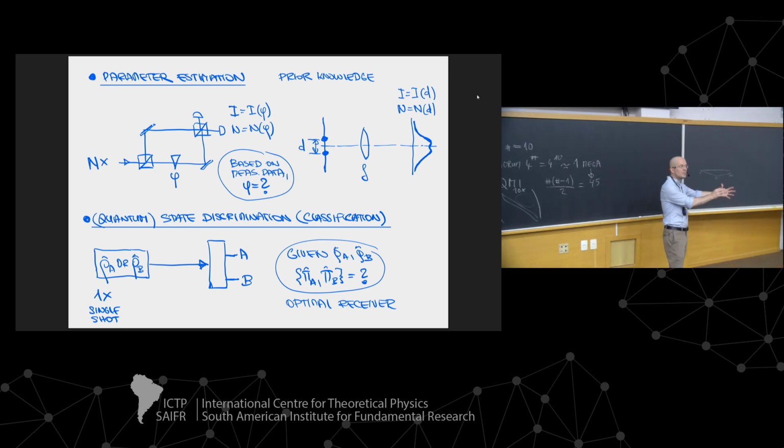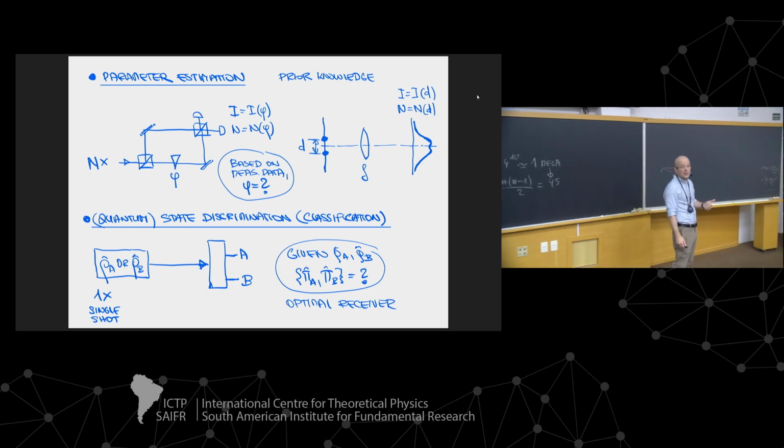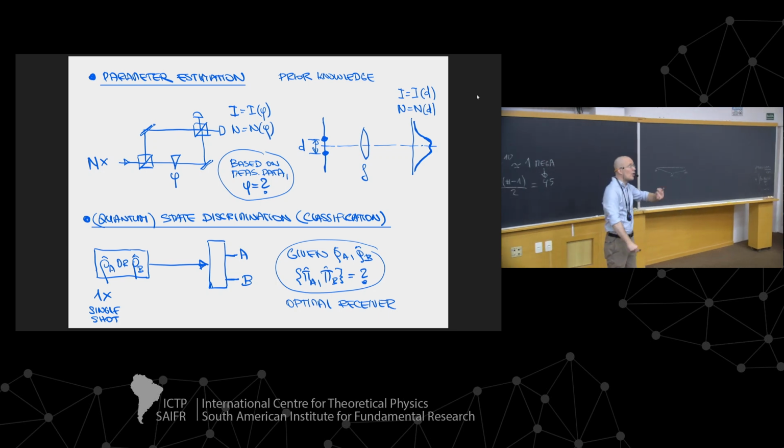What are other protocols? We have parameter estimation, which means there is lots of prior information about the physical system. We basically know how the physical system looks like.